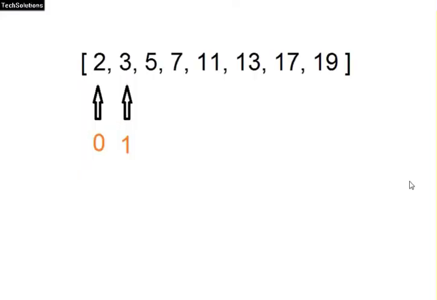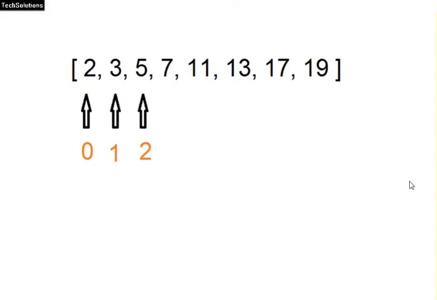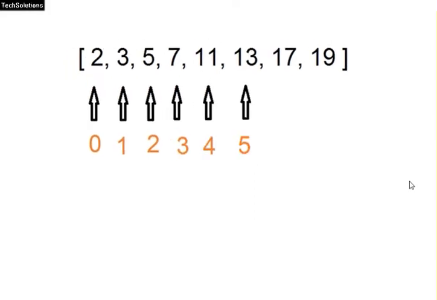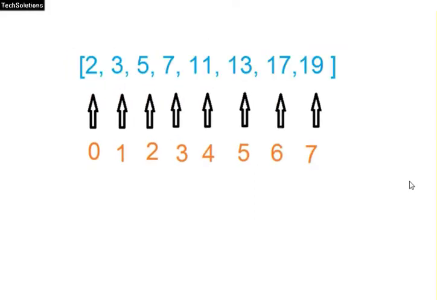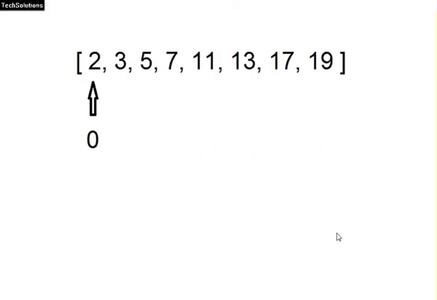Notice how the indices increase by 1 as you go from left to right, and decrease by 1 as you go from right to left. When you get to the beginning, the index is 0.